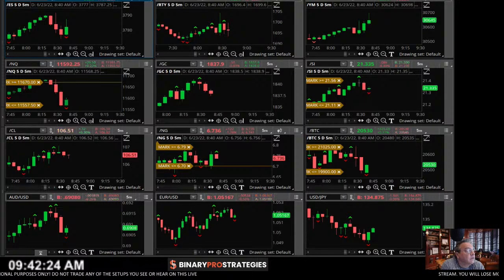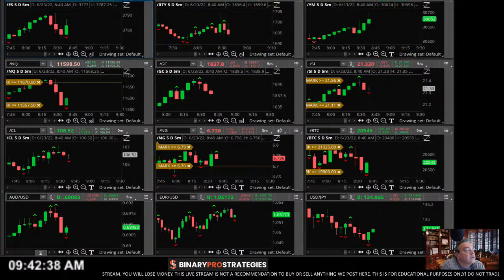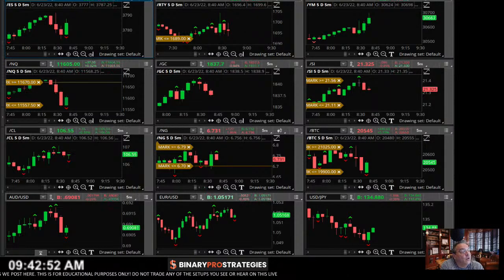Target on that looks to me to be 16.89, on the Russell. That is going to be our profit target. And if we don't hit that, we're going to reverse and go long again at, let's see, 17.04.